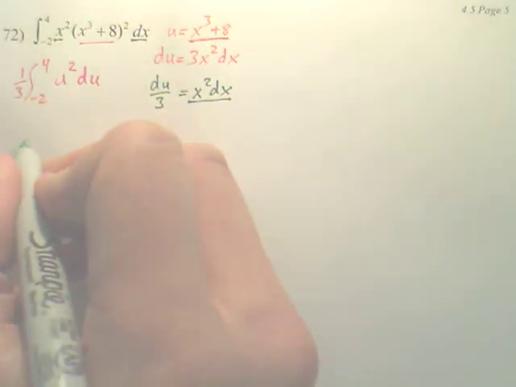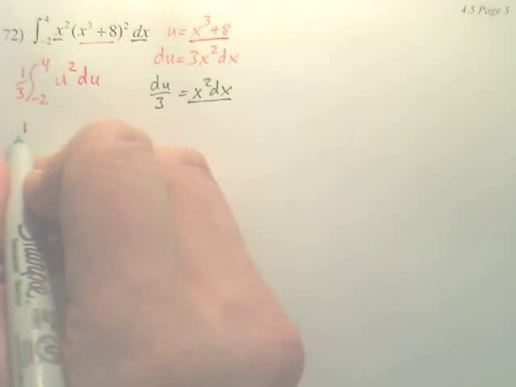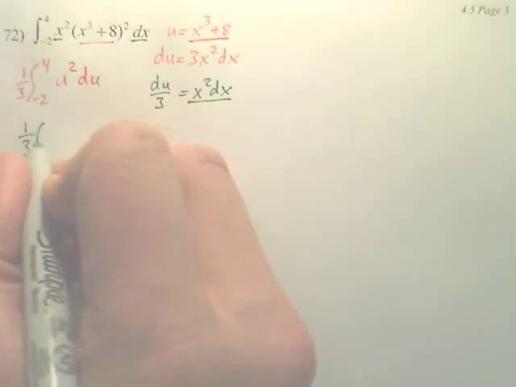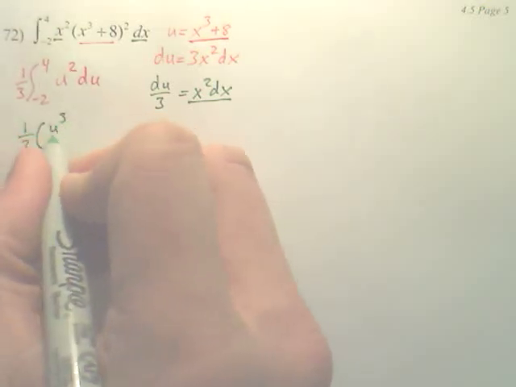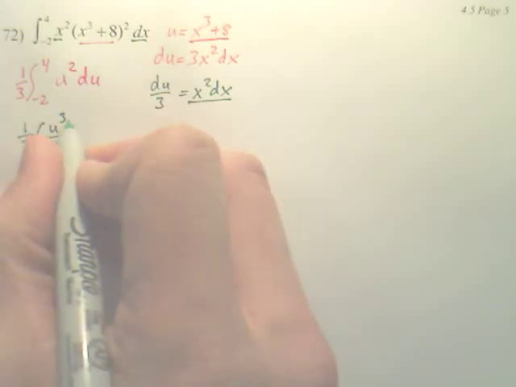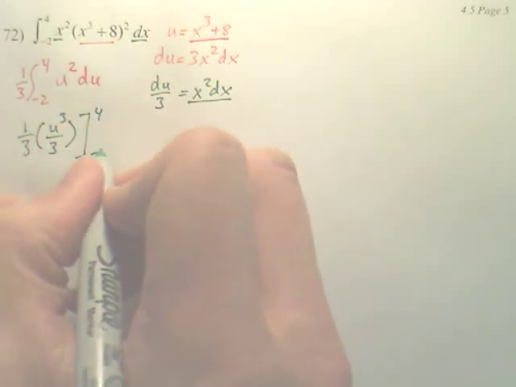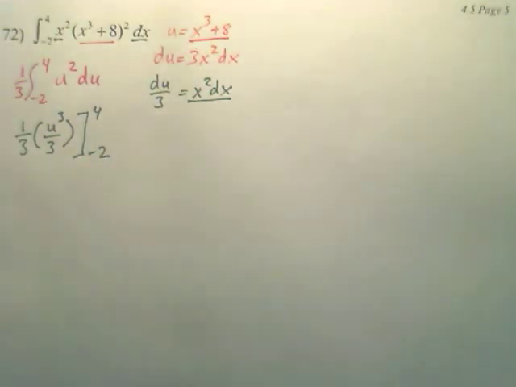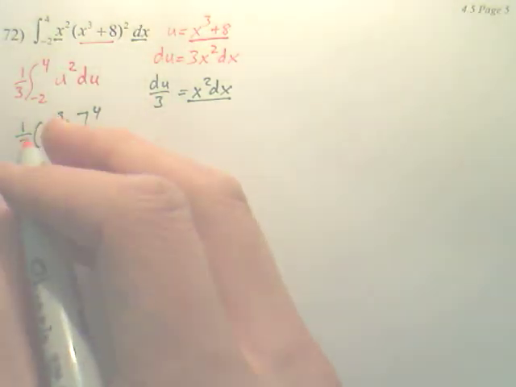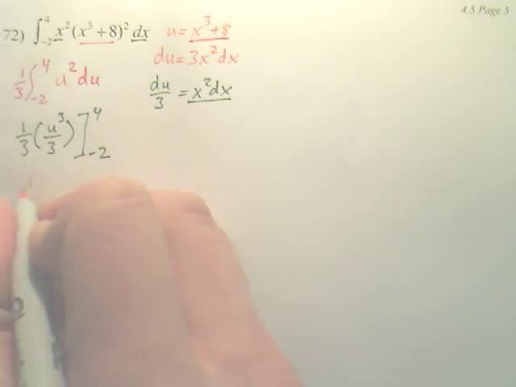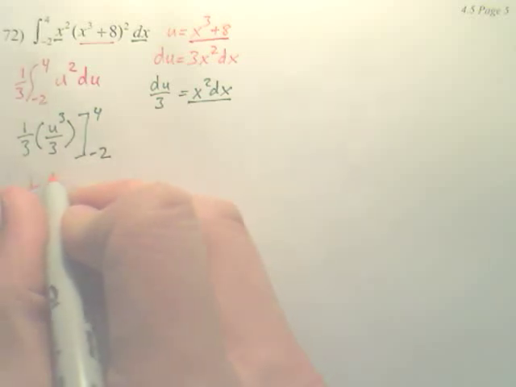So we integrate this, we get 1/3 u to the 3rd over 3, and my interval is from 4 to -2. Now, let's plug u back in. We have 1/3.